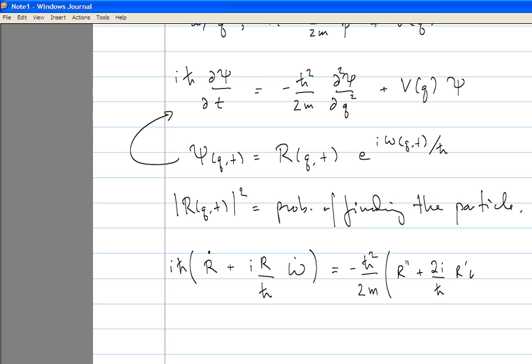And then there are the terms where you take the derivative of the w term and then take the second derivative. So that'll give you minus r over h bar squared, w prime squared. And then there's the one where you take the derivative of the exponent twice. So that'll be plus i r over h bar, w double prime. And then plus the potential times r. Everyone with me on that? Was that too fast? Oh, I'm sorry. One of those is w prime squared.